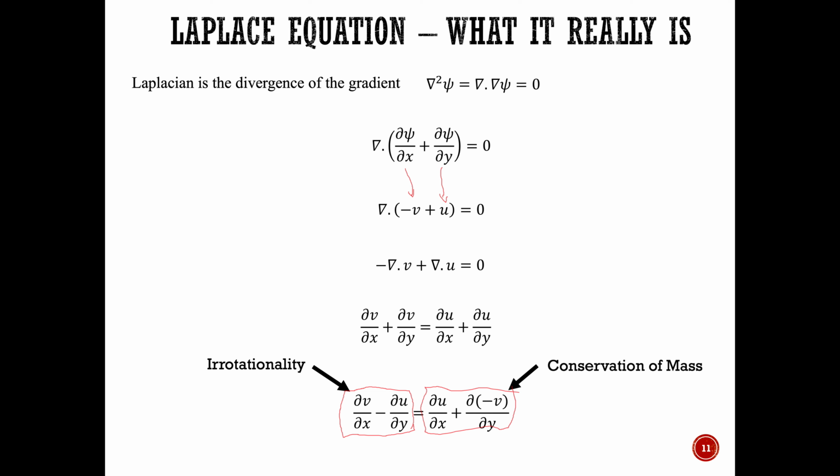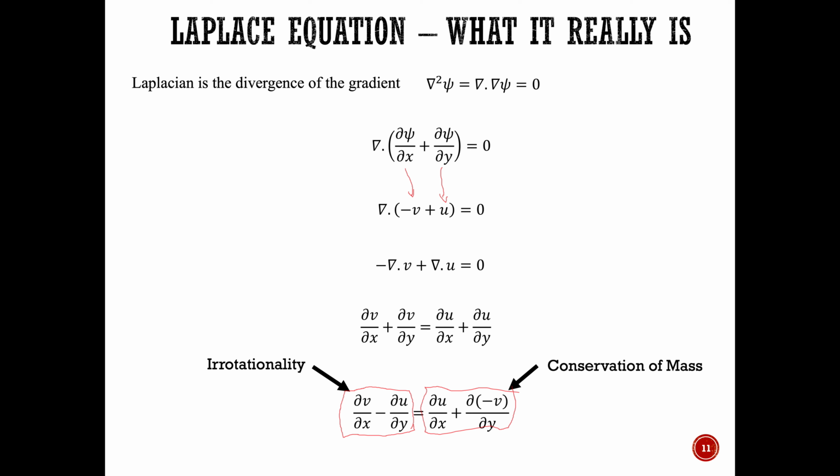So all the Laplace equation tells you is that the flow is irrotational and it also satisfies conservation of mass. That is why the Laplace equation can be used to represent an inviscid, irrotational, incompressible flow around a given object.